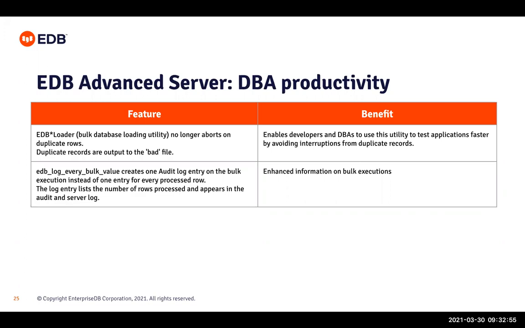And now we've added a feature that's also available in Oracle Loader itself, which is that duplicate rows don't abort the load itself, but those rows are now being outputted to the BAD file, and that way your loads don't stop.